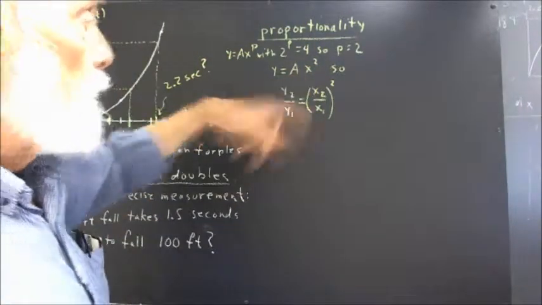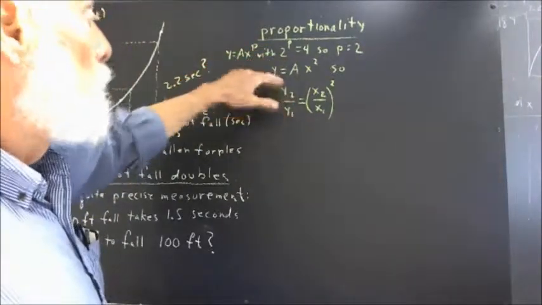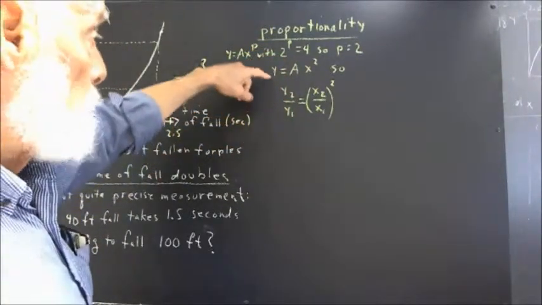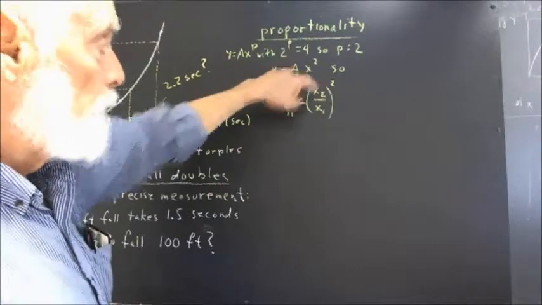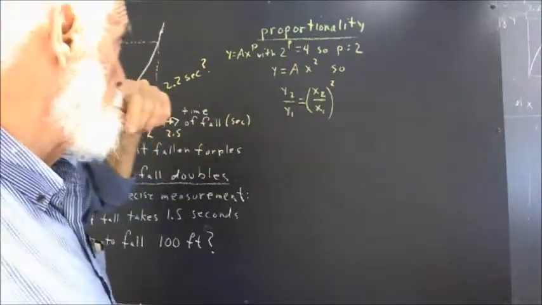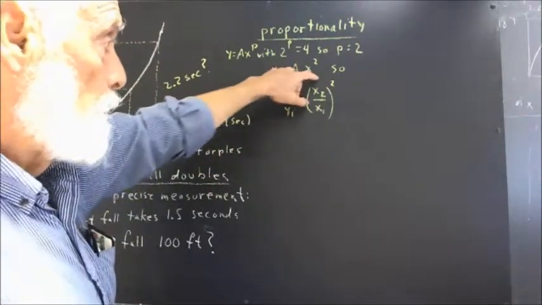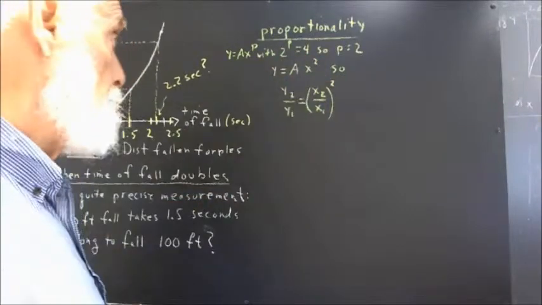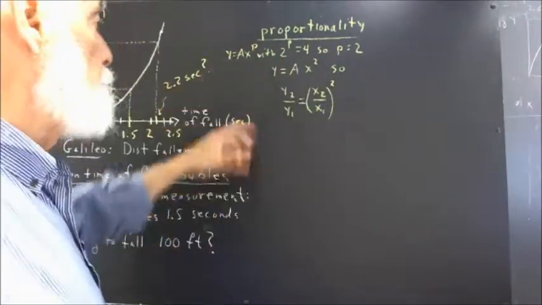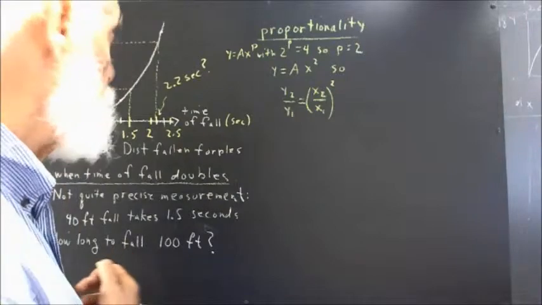And we're not going to actually evaluate a right now. We're going to just do this by the fact then that if y2 corresponds to x2, y1 corresponds to x1, then y2 over y1 is x2 over x1 quantity squared, and this is very easily established just by the algebra.